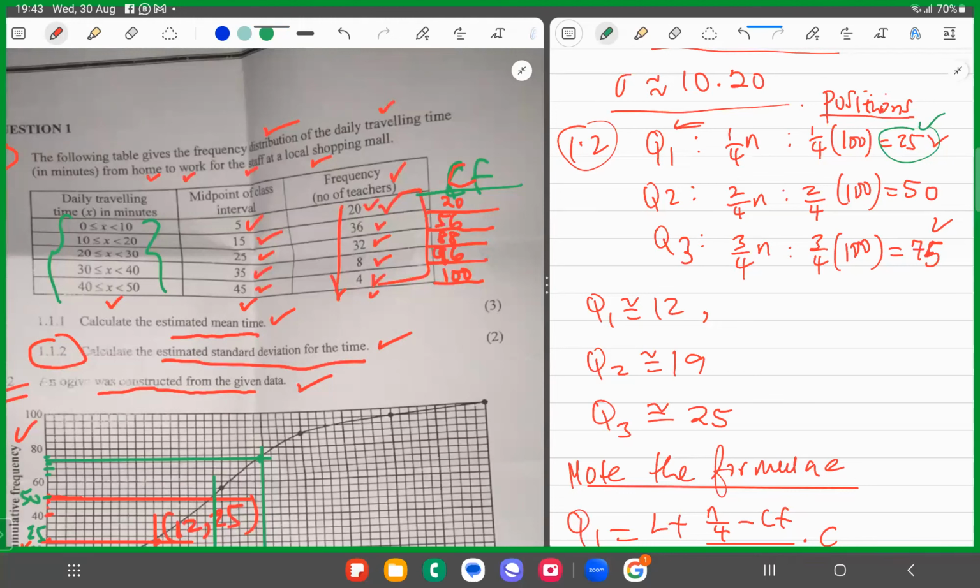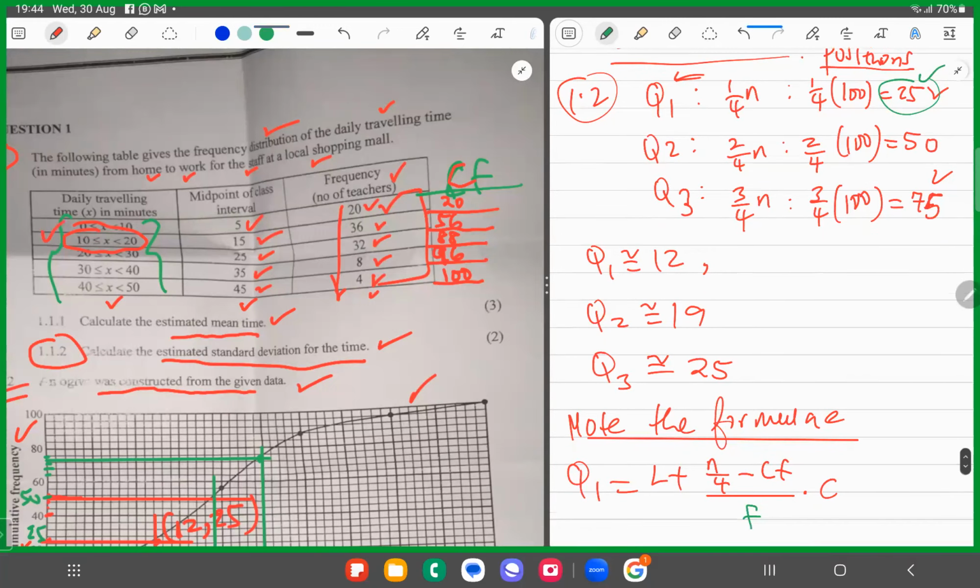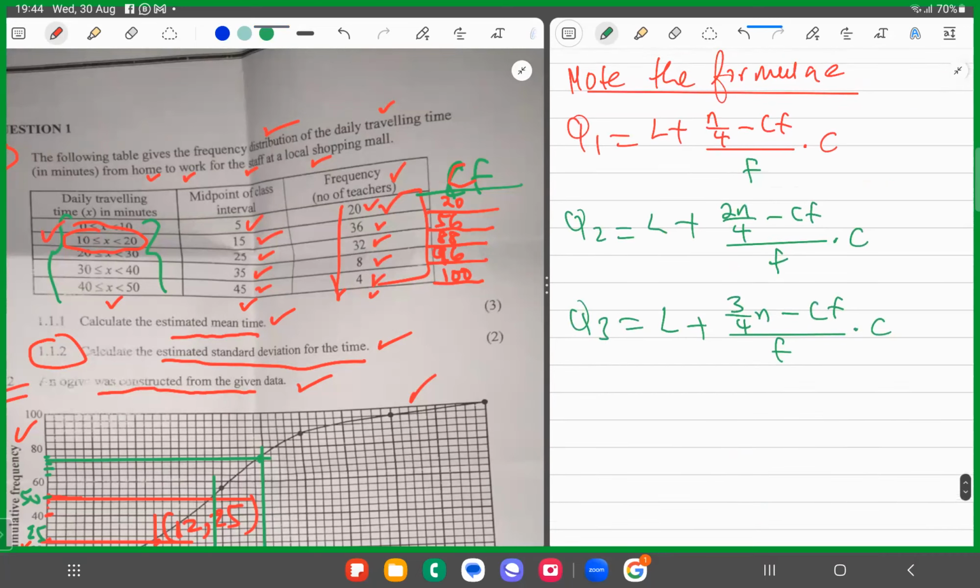The 25th position in the cumulative frequency lies between 10 and 20. I'm just teaching you another method of finding these without drawing the lines, without this graph, this Ogive. So it lies between 10 and 20. What is the lower class boundary of 10 to 20? The lower class boundary is 10.